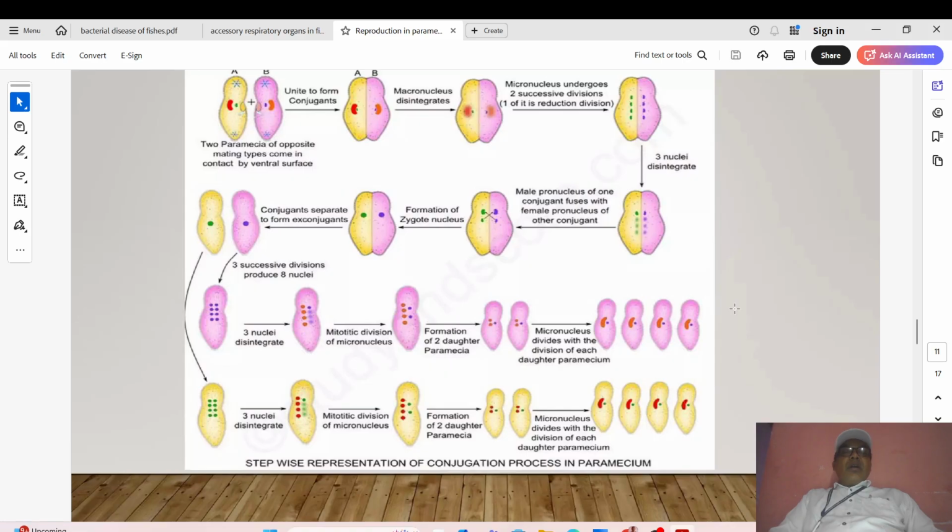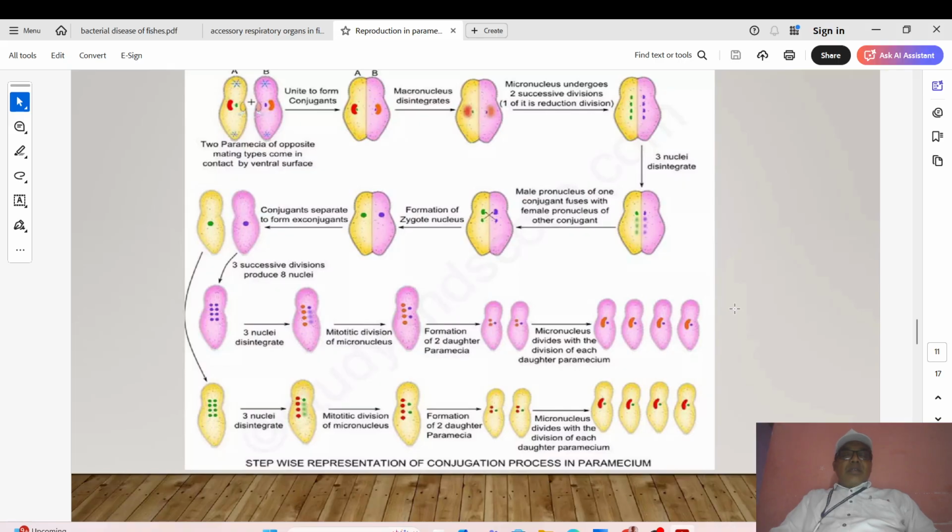See, all the processes in the figure show conjugation in Paramecium, how conjugant A and conjugant B unite, and how ex-conjugant A and ex-conjugant B produce daughter Paramecia.